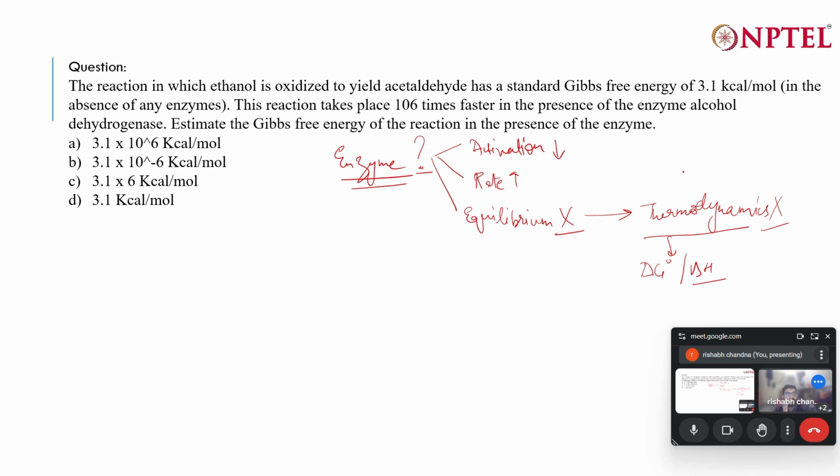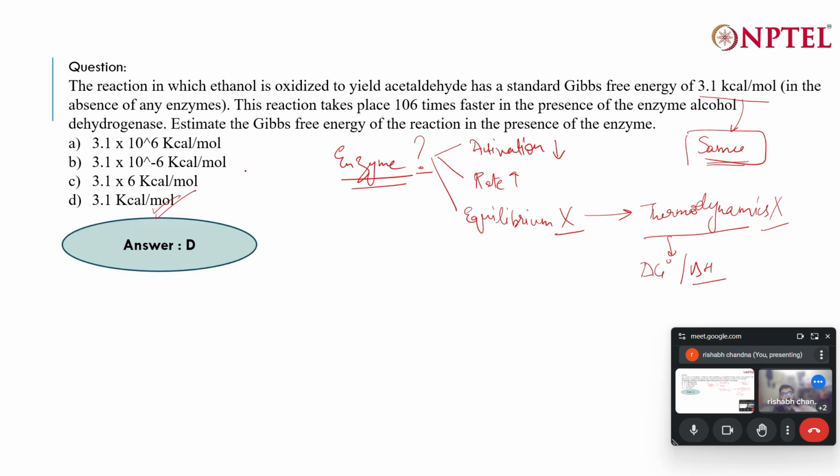So if the Gibbs free energy of the reaction was 3.1 kilocalorie per mole in the absence of the enzyme, and we add the enzyme, the Gibbs free energy will remain the same. There will be no difference at all, because the enzyme does not affect the thermodynamics of a given reaction. That's the basic concept that we study. So no change will be there, and the Gibbs free energy would remain the same. That is option D.